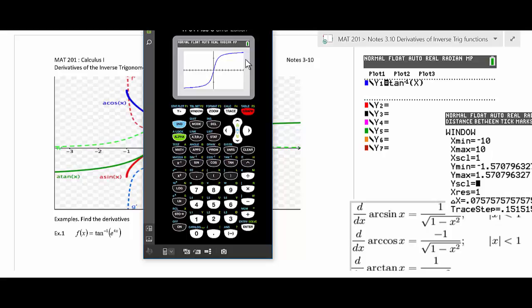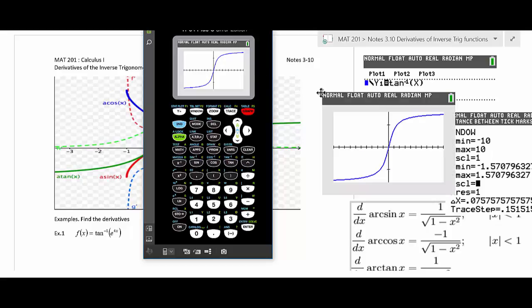Well, what happens to the vertical asymptotes? They turn into horizontal asymptotes, because you're doing an inverse. So you actually have a horizontal asymptote at pi over 2 and -pi over 2, and the graph goes on forever. So that's the reason why the domain of the inverse tangent is all real numbers. The range is -pi over 2 to pi over 2. So that's how that basically works out.